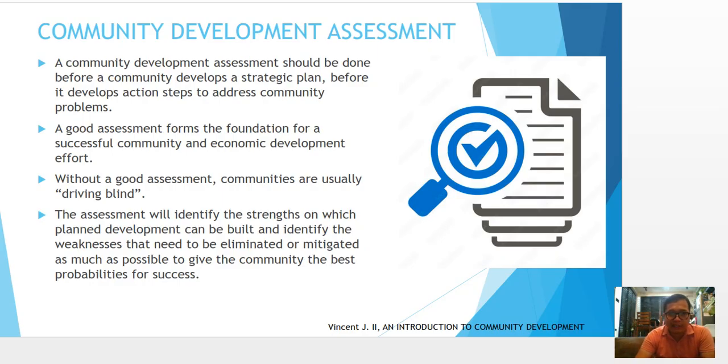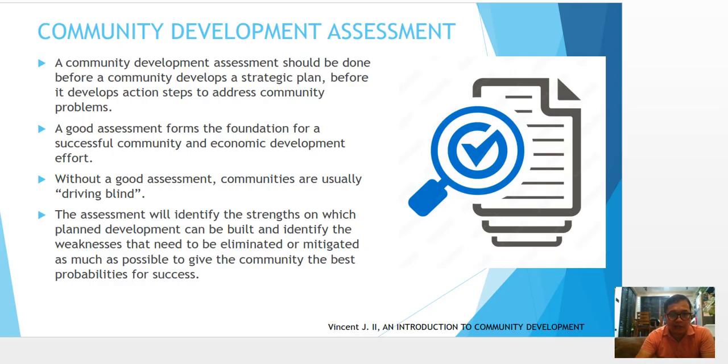Without a good assessment, communities are usually driving blind. I think you could observe that, especially in a developing country like the Philippines. If you look at the poorest of the poor in the slum areas, most of them may not be aware of the problems lingering in their community, especially in terms of cleanliness and other things.